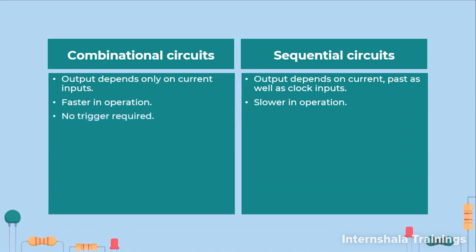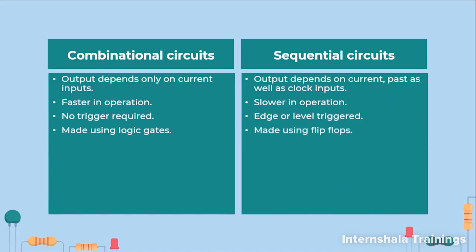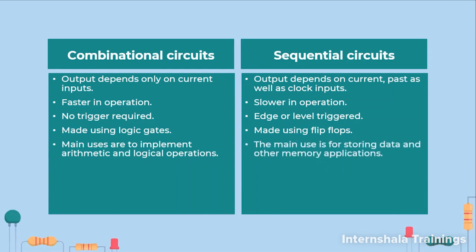In combinational circuits, we don't need any triggering circuit or triggering signal, whereas we need an edge or level triggered signal in terms of a clock for sequential circuits. Combinational circuits are purely made of logic gates, whereas in sequential circuits we need flip-flops. Combinational circuits are mainly used for arithmetic operations and logical operations. Sequential circuits are mainly used for storing the data and other memory related applications.